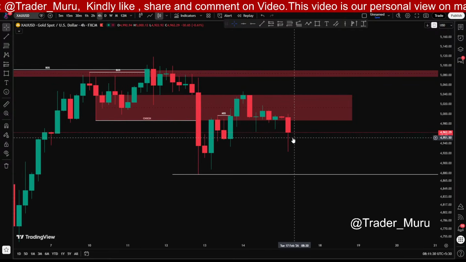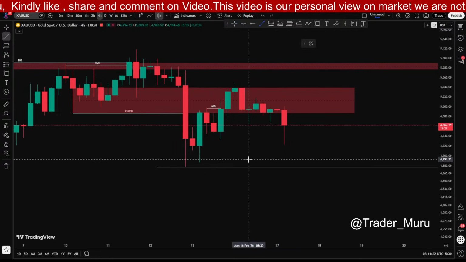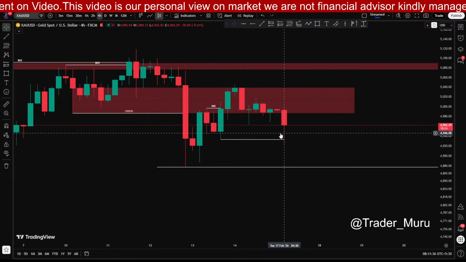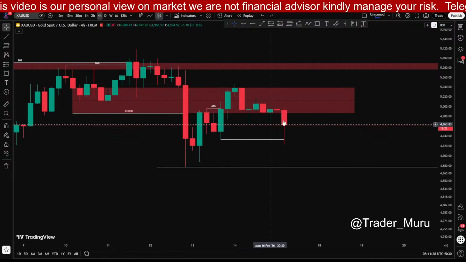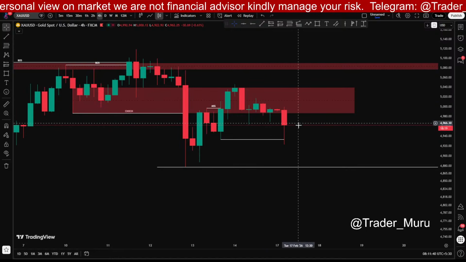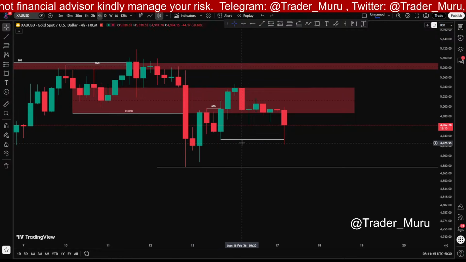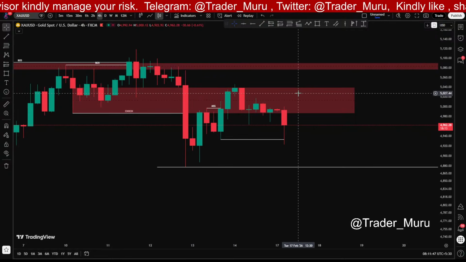So now we already have a test of this area. Price should not break the smaller time frame structure if it is to stay bearish, as this is the zone from where the next pump can happen.